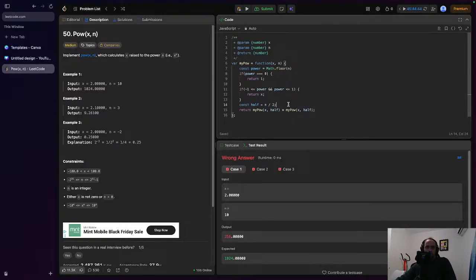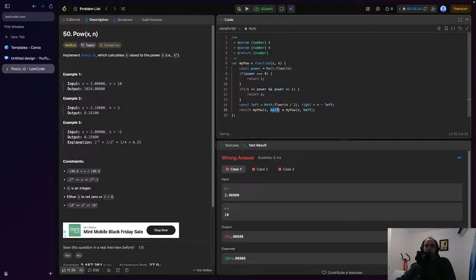I guess what we could do, we could do left equals math.floor, and then right equals n minus left.